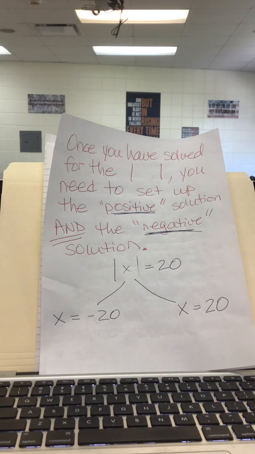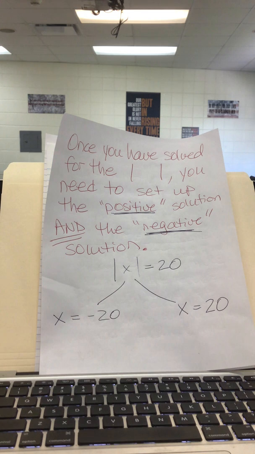So what we're seeing is that absolute value equations can have two solutions. The first is if what is inside the absolute value bar, in this case x, before that absolute value is executed, could equal -20, right?